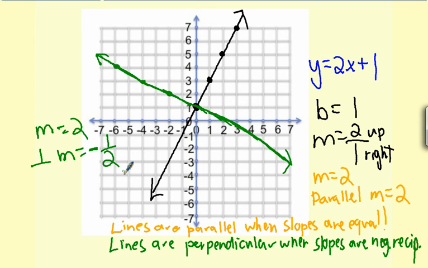And that's the most simple and easy response that you can probably get from this. Just remember these two things. Lines are parallel when the lines have equal slopes. And lines are perpendicular when their slopes are the negative reciprocals of each other. There you have it.